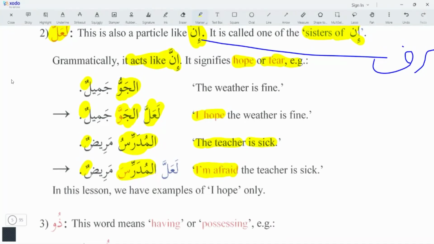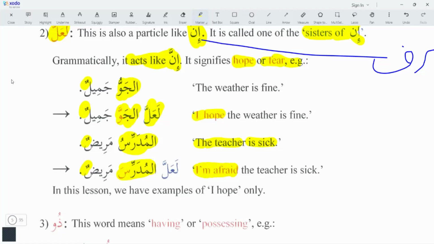Sir, I have a question. How do we know whether it indicates hope or fear? You will know it from the composition of the sentence. Al-jawwu jamilun, jamilun means beautiful. You are not afraid that the weather is beautiful.